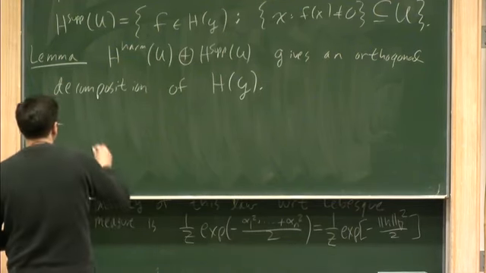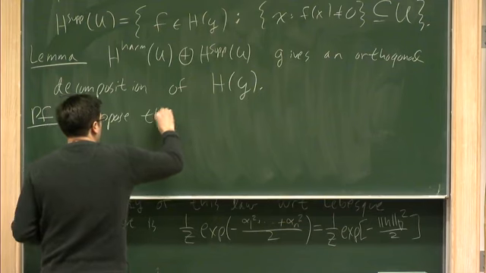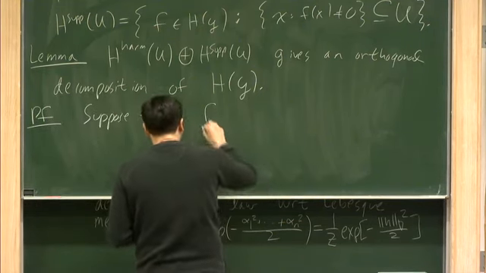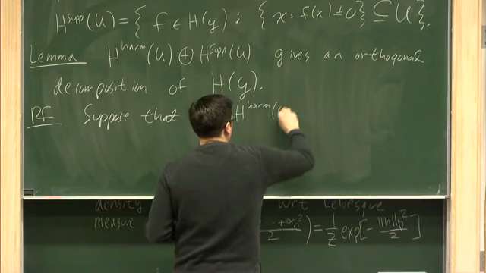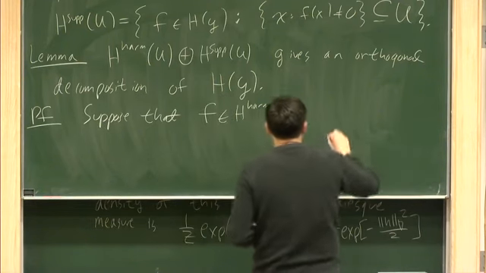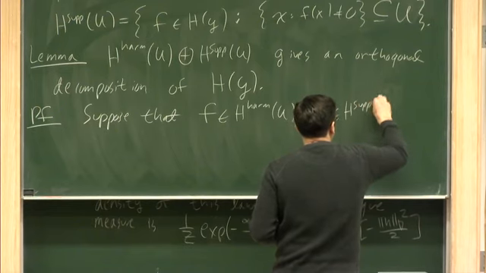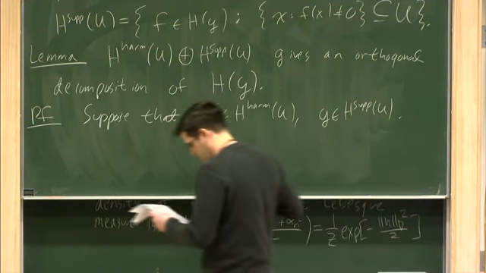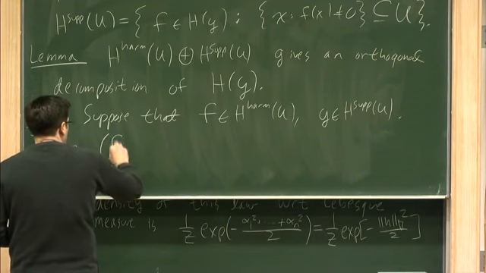So let's first suppose that we have a function f, which is in H harm of U, so it's harmonic on U, and we have another function g, which is in H sup of U, so it's supported on U. Then let's compute their inner product.